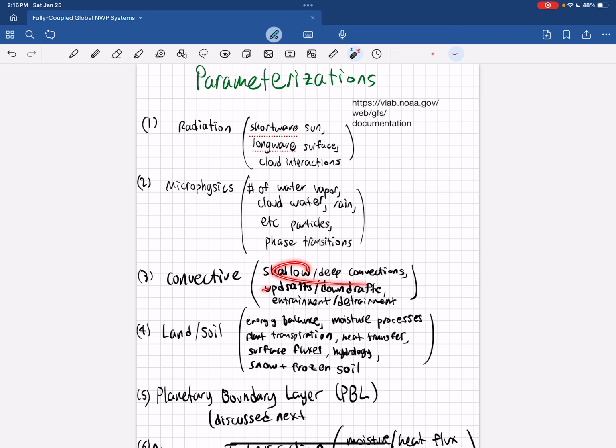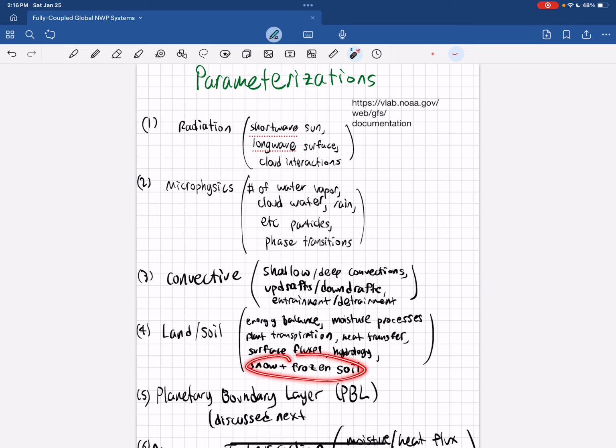And so these usually have to do with shallow and deep convection parameterizations, a way of representing in the model updrafts, downdrafts, entrainment, detrainment, which is like air entering and exiting a cloud. Then for land soil, it has to do with energy balance, moisture processes, plant transpiration, which is basically like plant breathing, heat transfer, surface fluxes, hydrology, which is like rivers and lakes and flooding and runoff, stuff like that.